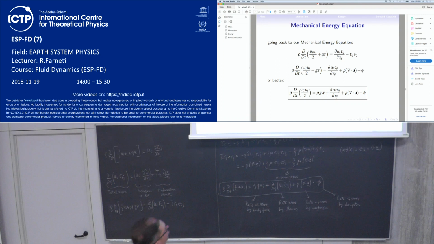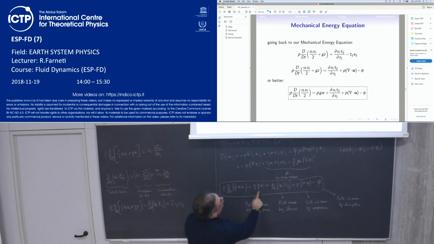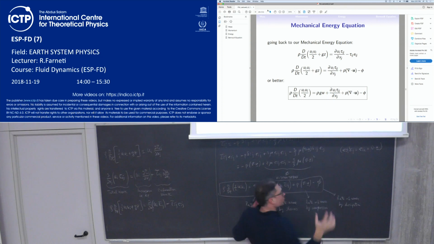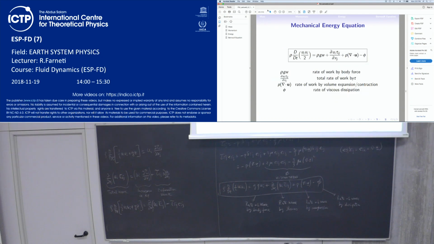Okay, so the rate of change of your kinetic energy is equal to the total rate of work done by the body forces plus the rate of work done by the stresses on the element plus compression expansion of the element of fluid minus all the viscous dissipation that are happening in your element of fluid. Okay, so that's how you can describe whatever happens to your kinetic energy in your element of fluid.